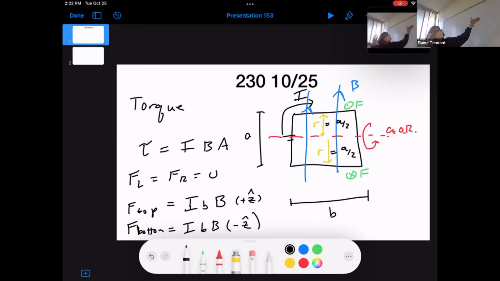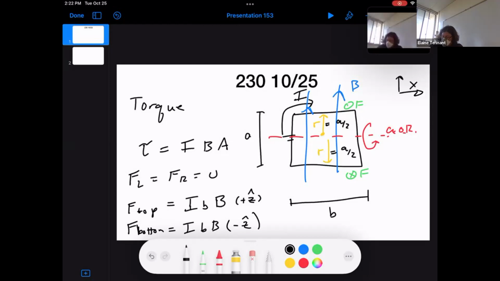We probably said that if you push forward on the top and backwards on the bottom, you're really making it spin the same direction. You could also, of course, do a right-hand rule of R cross F, where for the top, R goes up, F goes towards the back of the room, and your thumb goes that way in the positive X direction.